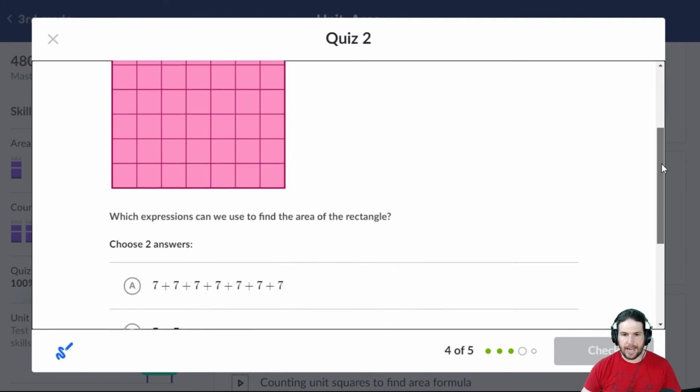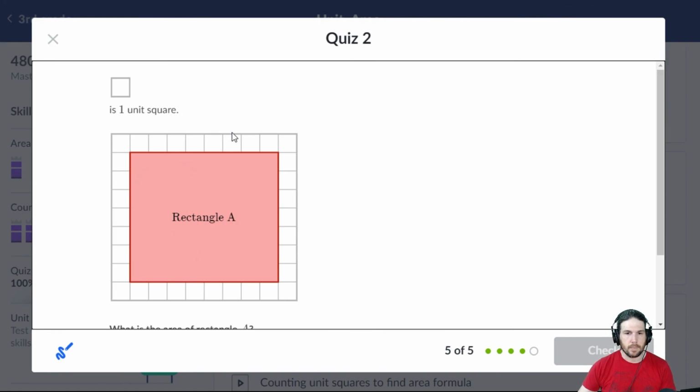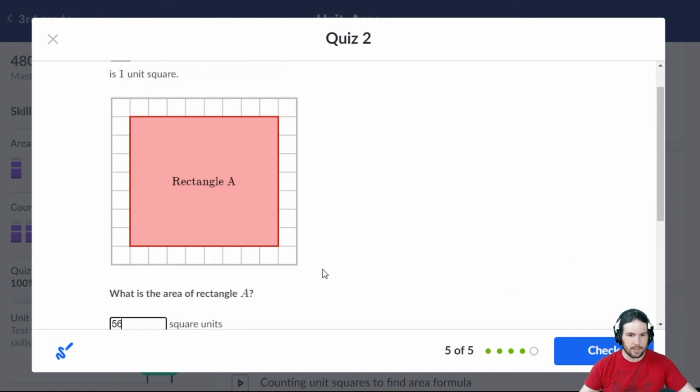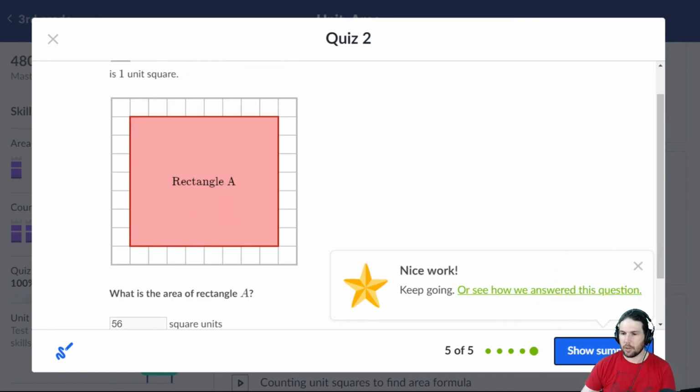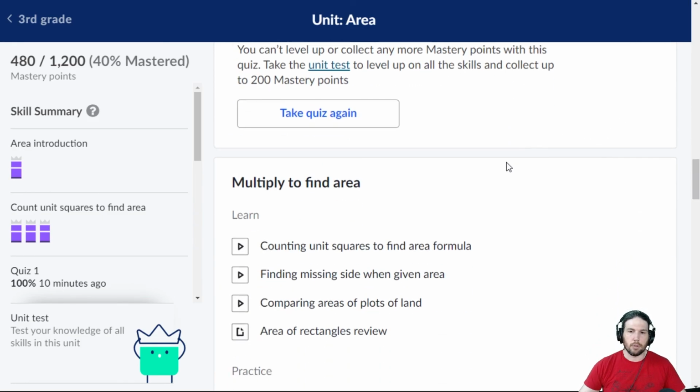It's 7 by 8. 1, 2, 3, 4, 5, 6, 7, which is 8 plus itself 7 times. And then finally, that area, 1, 2, 3, 4, 5, 6, 7, 8 by 1, 2, 3, 4, 5, 6, 7. 8 by 7 is, I think, 56. And that's quiz 2. Moving on.